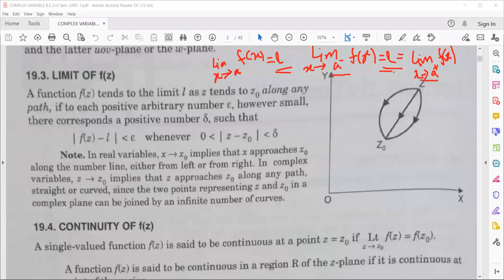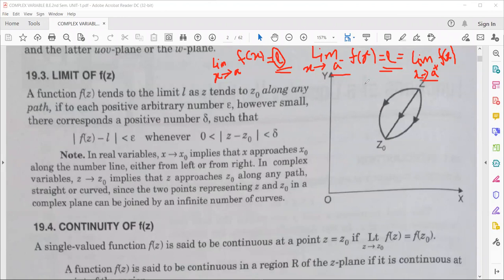And the limiting value will be this one. This is called the limiting value. So this is the one definition that you have got in class 12.